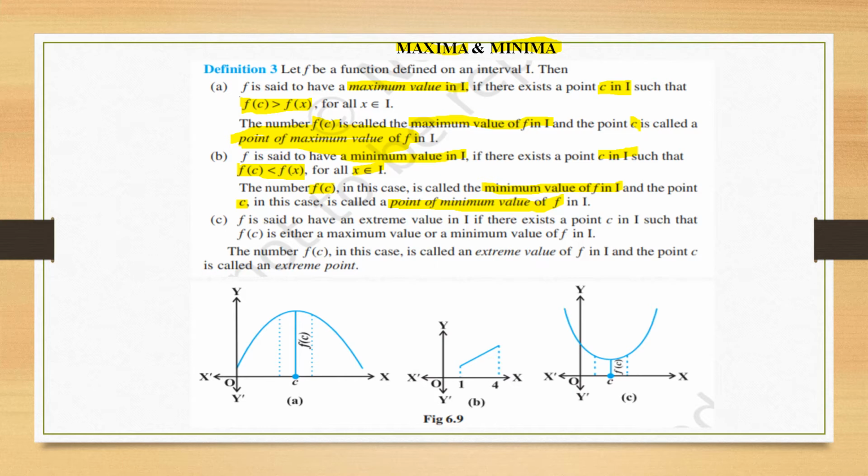Similarly, what is the meaning of extreme value? Extreme means either it is maximum or it is minimum. So f is said to have an extreme value in I if there exists a point C in I such that f of C is either the maximum value or the minimum value.